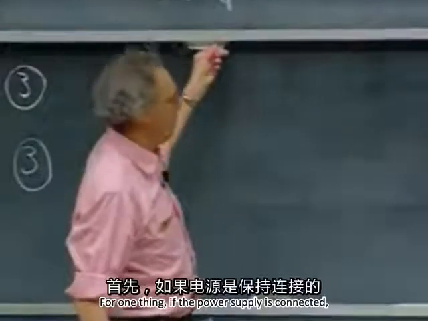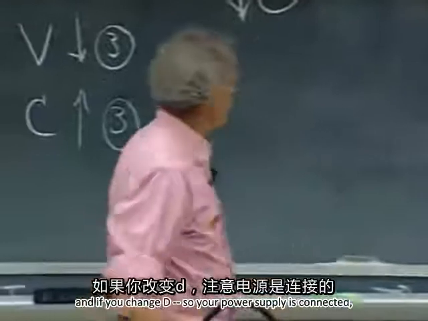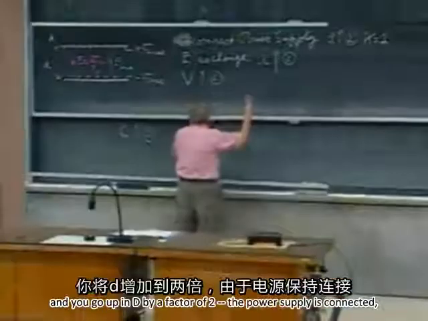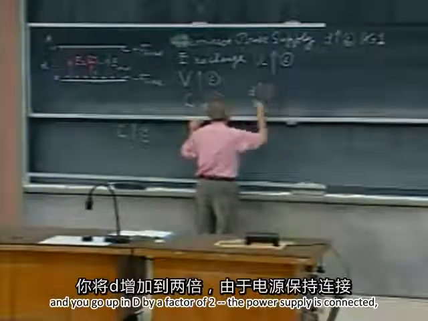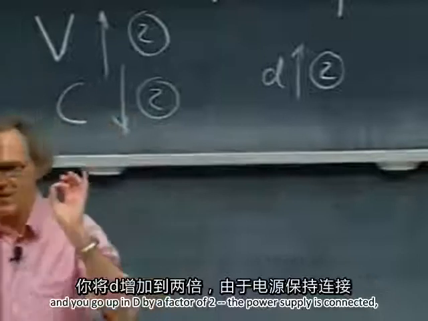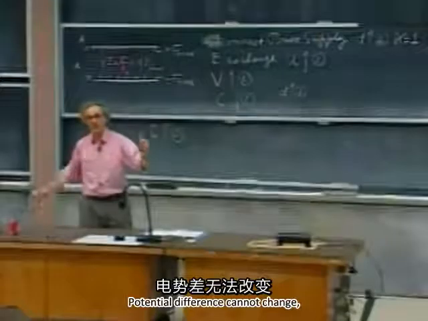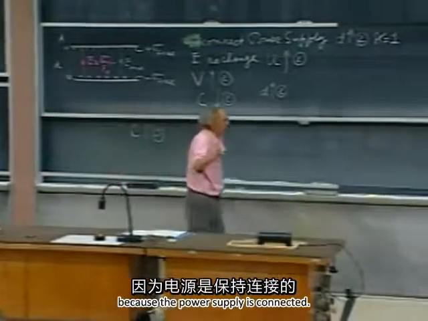For one thing, if the power supply is connected, and you go up in D by a factor of 2, the power supply is connected. There is one thing now that cannot change throughout, and that is V. Potential difference cannot change, because the power supply is connected.